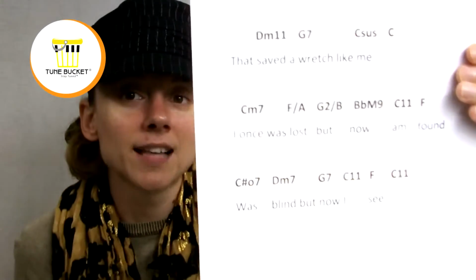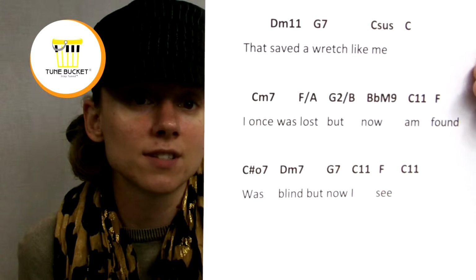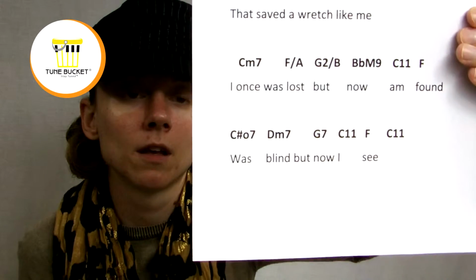All right, last line, we have a C sharp diminished 7. If you're playing a diminished chord, you really can't substitute that with a major or a minor chord. You kind of really need to play the diminished. Diminished chords aren't hard to learn.